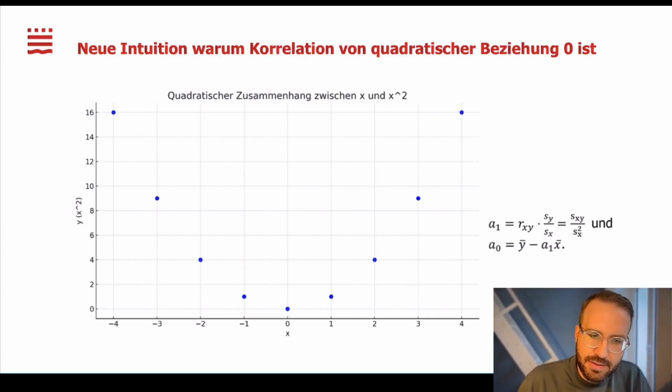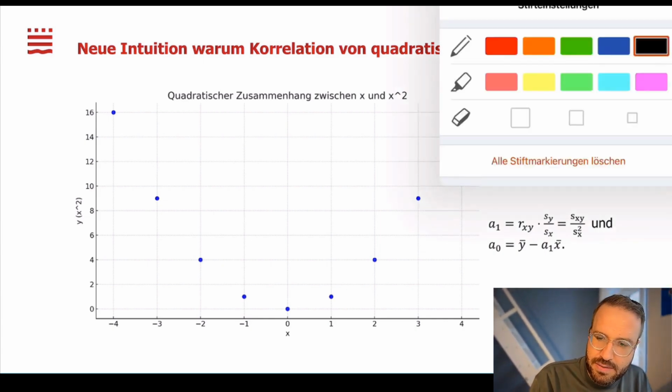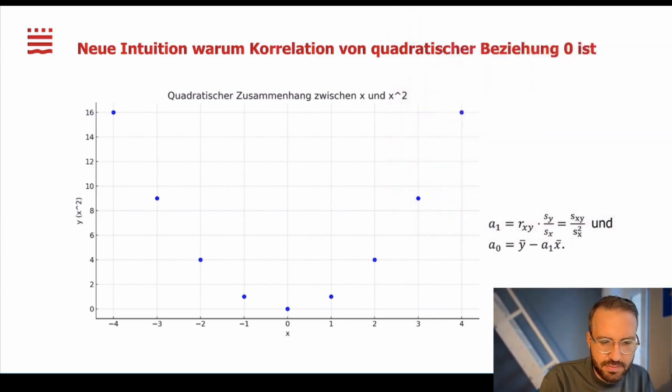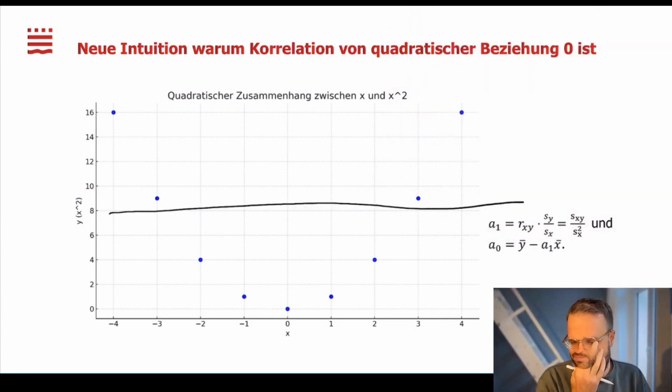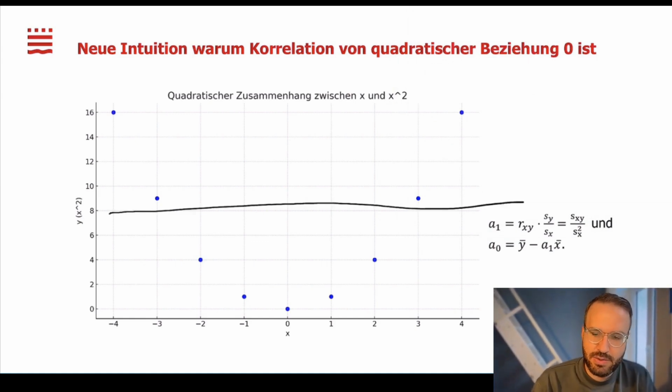One might think that it probably does not go down or up, but rather it is a horizontal straight line, which indicates that the slope of this line is 0.